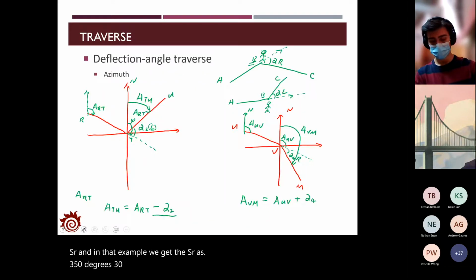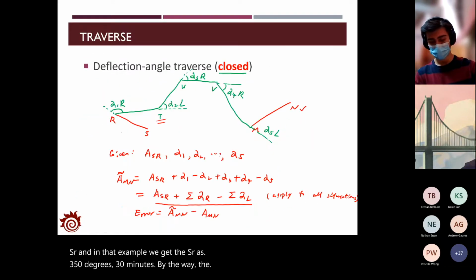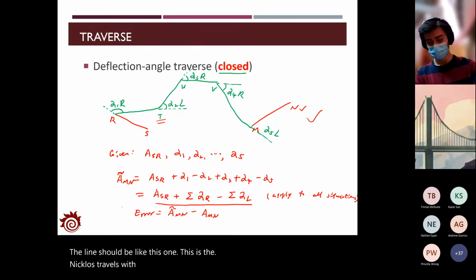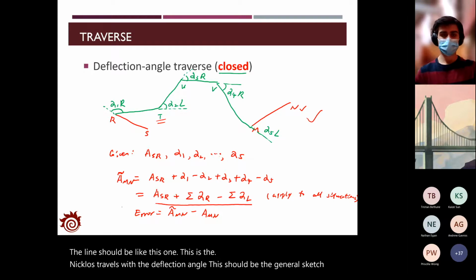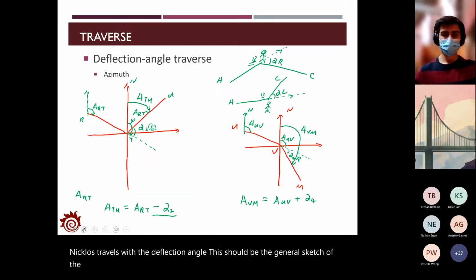By the way, the line should be like this one. This is the closed traverse with the deflection angle. This should be the general sketch of the boundary of those lines.